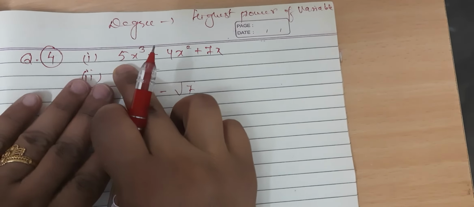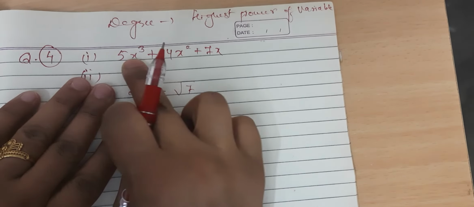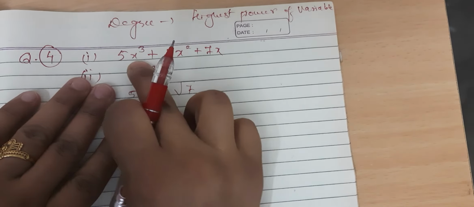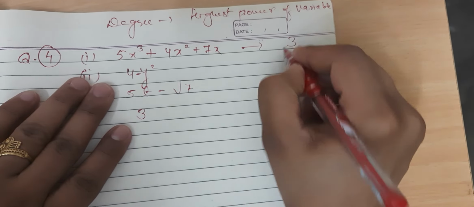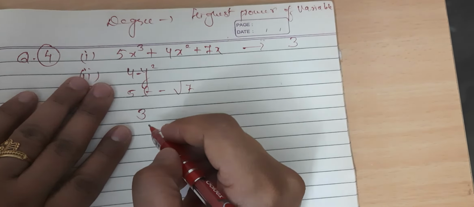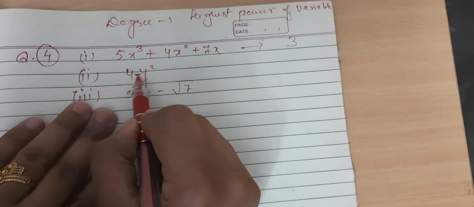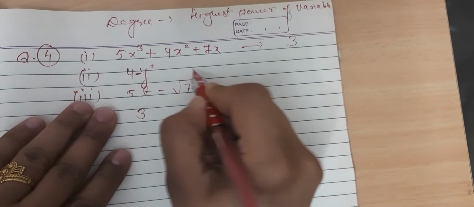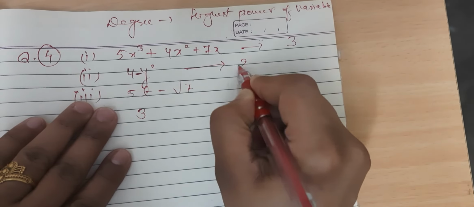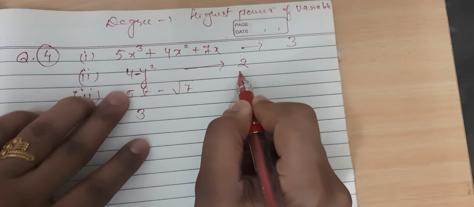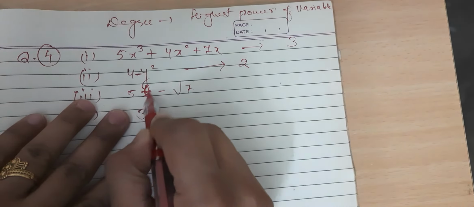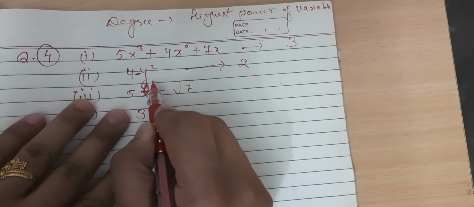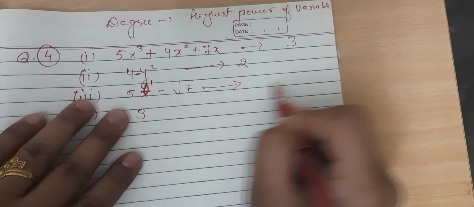Okay, so in the first polynomial the variable is x and the highest power of x is 3, so the degree of the polynomial is 3. Okay, here in this case the variable is y and the highest power of y is 2, that is why the degree of this polynomial is 2. Here the variable is t, okay, and the highest power of t is 1, so the degree of the polynomial is 1.